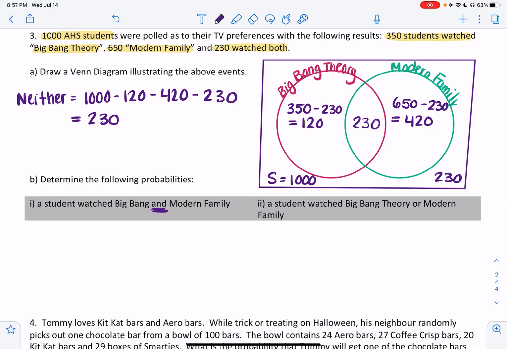So if they watch Big Bang Theory and Modern Family, that will be this middle bit right here.